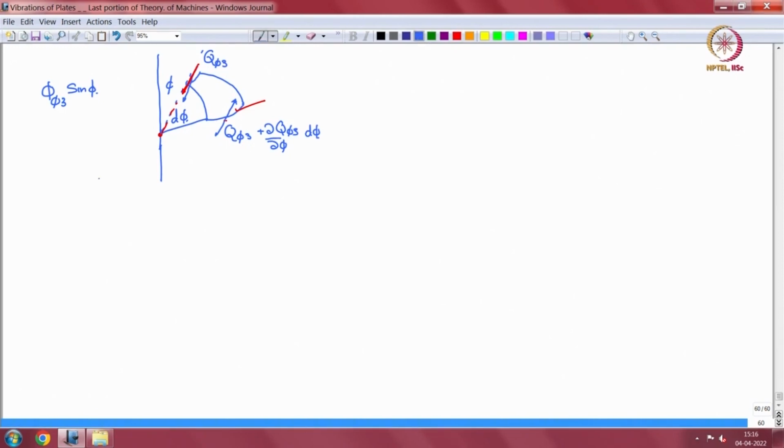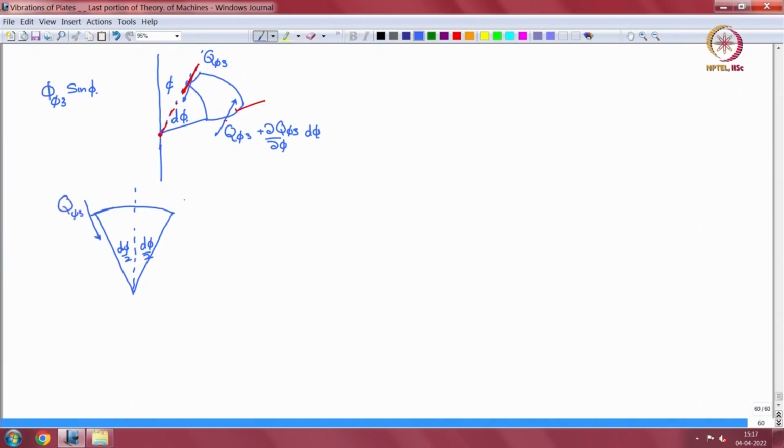So now we are looking at this contribution. Here I can draw d phi by 2, d phi by 2, and this is the negative side, let's say. So the resultant is q phi 3.